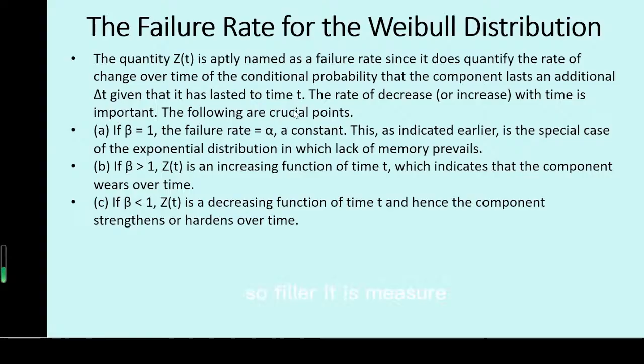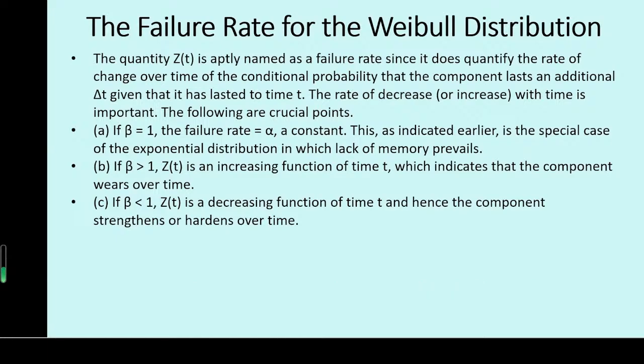So the failure rate measures how likely it will fail if it has been used for time t, in the next very small delta t. Say we have lived 1 year, what is the death rate from this point? It's like asking such a question.